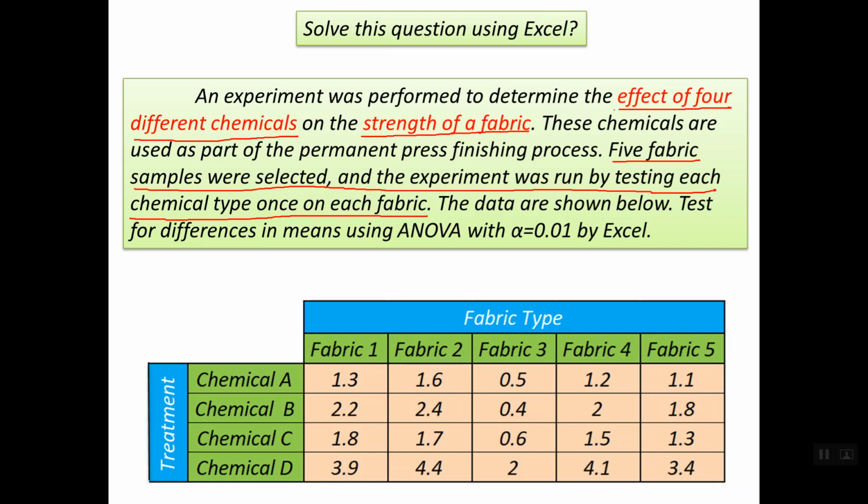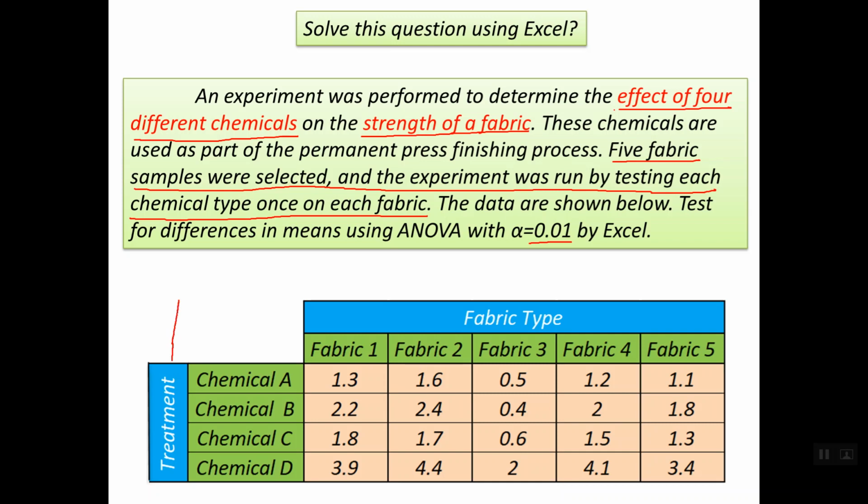We need to examine the effect of each of these chemicals on each type of these fabrics. The data are shown below. Test for the differences in means using Anova with significance level alpha equal to 0.01 by Excel. So these are the records we have for our question.